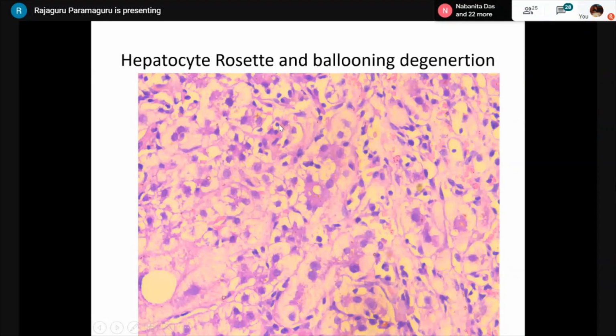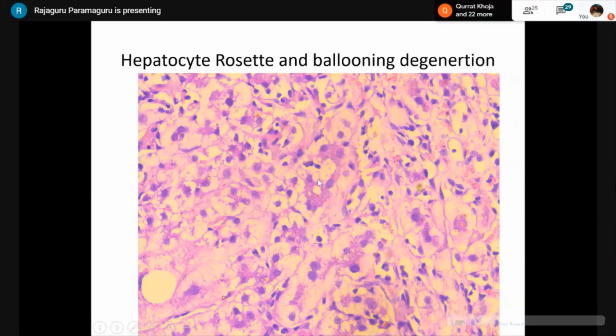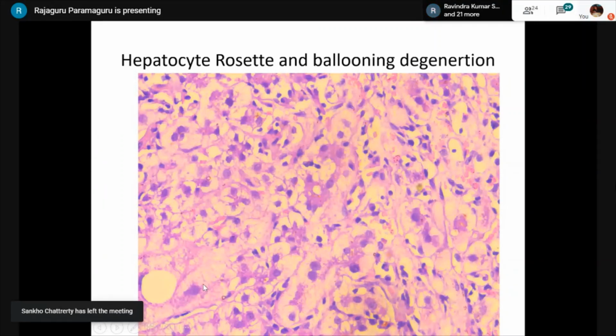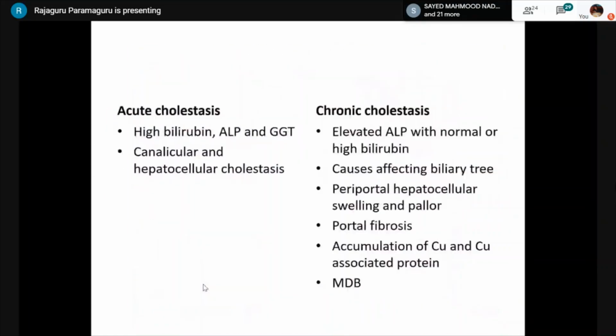This is a plasma cell, this is a lymphocyte, this is a plasma cell, and there is damage and destruction of the hepatocytes, and there is regenerative activity wherein the hepatocytes form a rosette-like appearance. This is a rosette of hepatocytes, and this is ballooning degeneration which happens in acute hepatitis, and CK8/18 will be normal in such a condition. Is that clear?